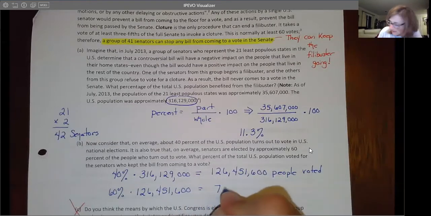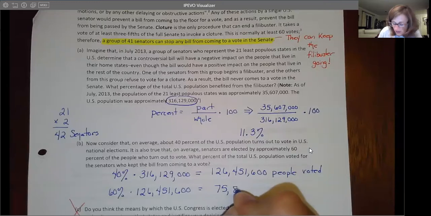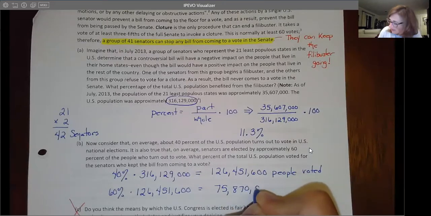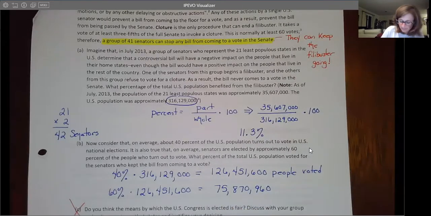Did you get 75,870,960? So this is the number of people then who impacted who was our senator. That's the number of people that voted for senators.